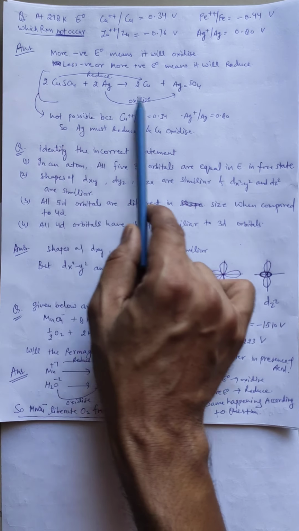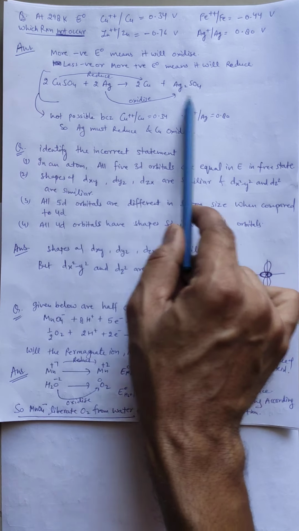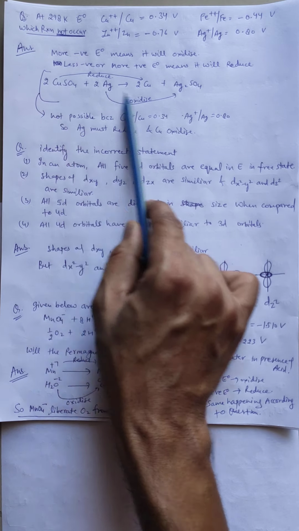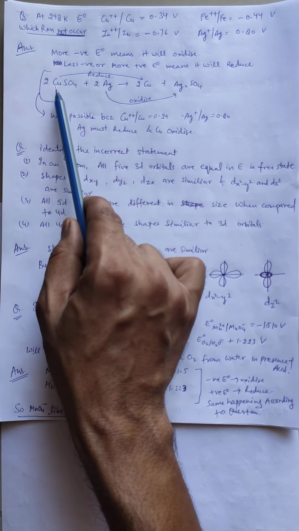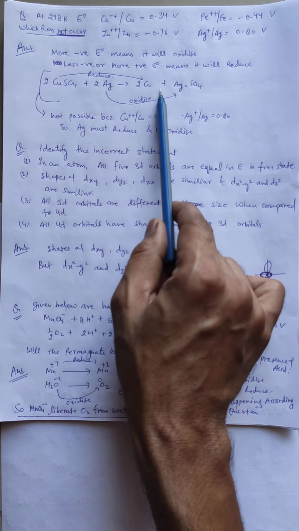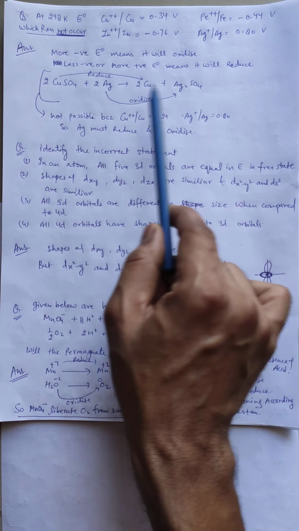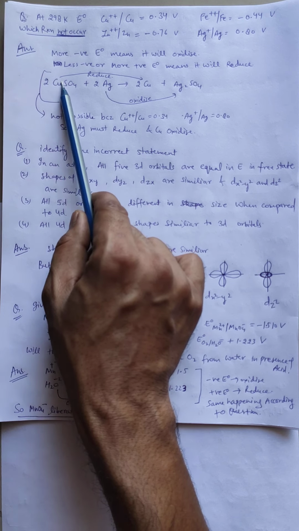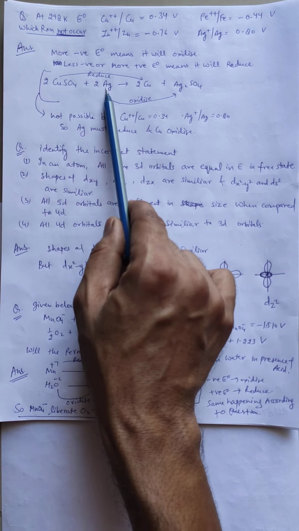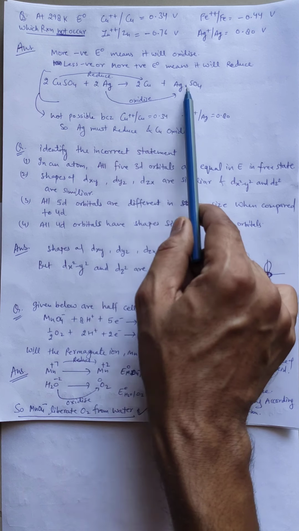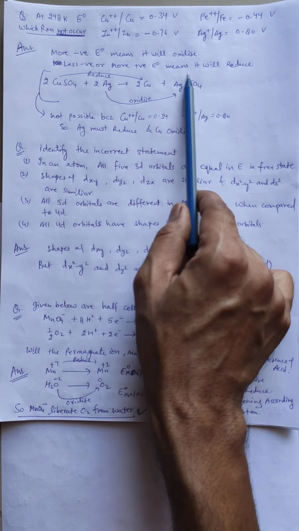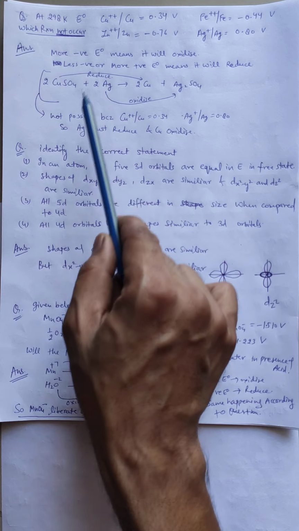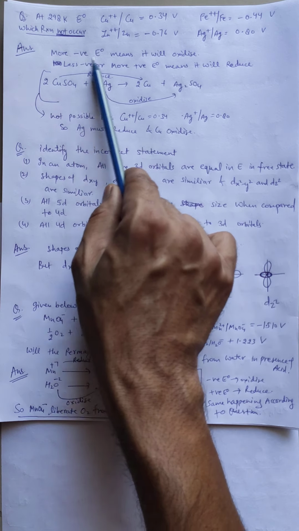This equation given in the question is one of the options. Copper sulfate plus Ag gives copper plus Ag2SO4. In this, copper +2 oxidation state is going to change to 0. Ag goes from 0 in the metallic condition to +1. So copper reduces and silver oxidizes.